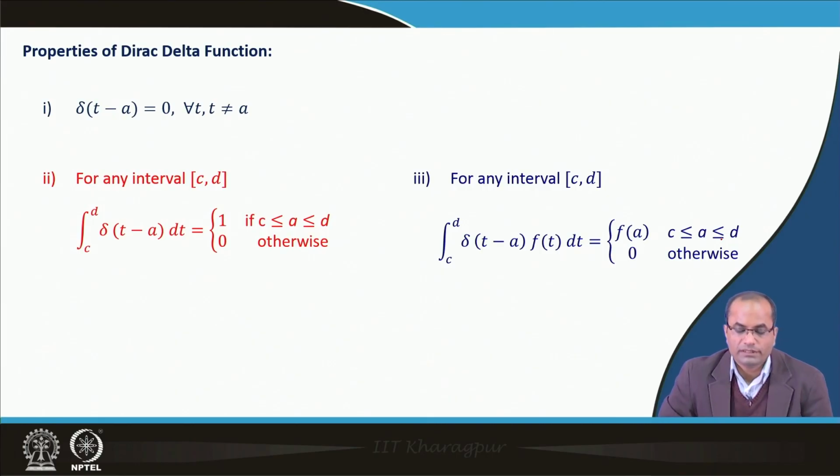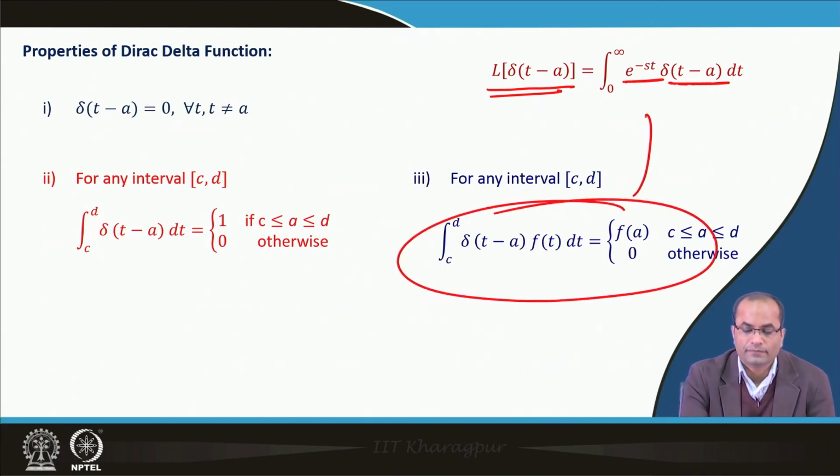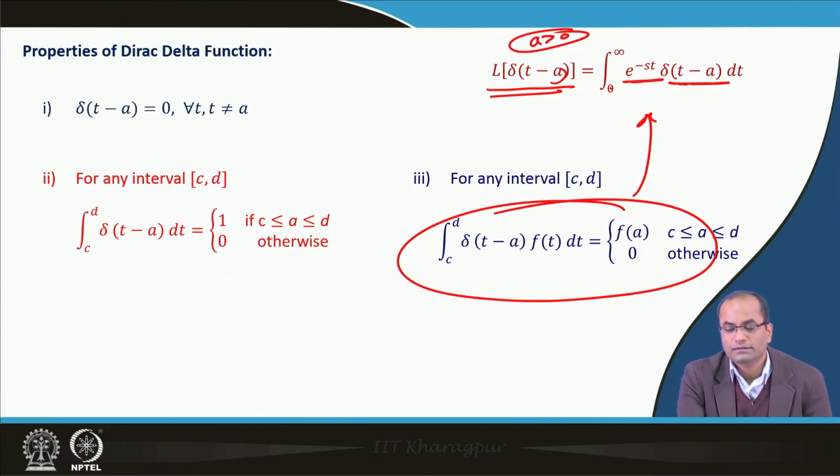Having these properties of the Dirac delta function, we can now directly apply them to the Laplace transform of delta t minus a. As per definition, we have the integral of e power minus s t and delta t minus a d t, and using this property, since t goes from 0 to infinity and a is certainly positive, this a will lie in the interval of integration.